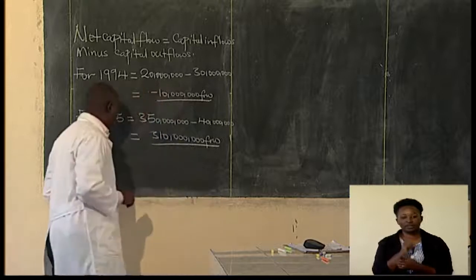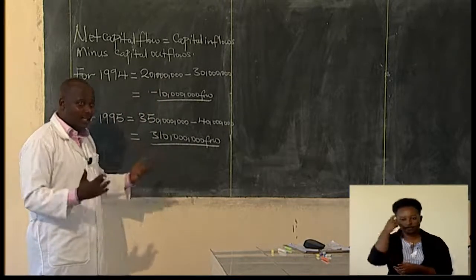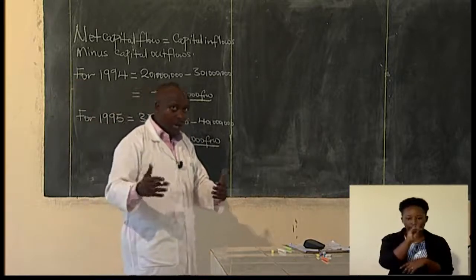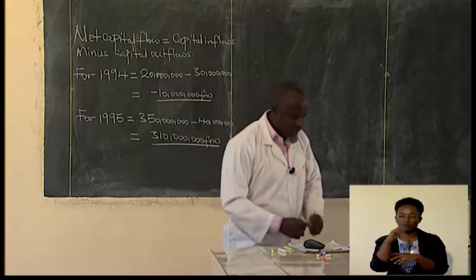That is the net capital flow for 1995. That is how we calculate net capital flows. You get the capital inflow minus the capital outflow: what comes into the country and what goes out of the country.